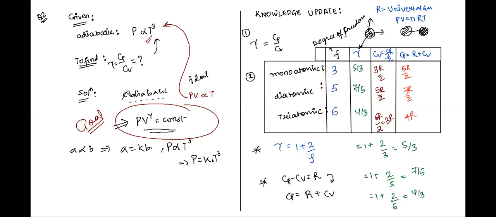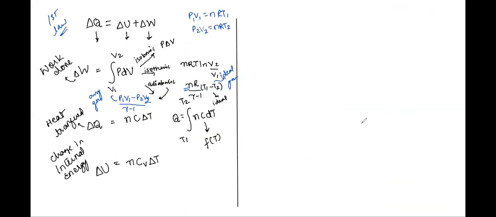I'll repeat. Don't get confused. We have been given that pressure is directly proportional to the cube of temperature, right, Karuna? Now you have said that PV is also proportional to T by the ideal gas equation.